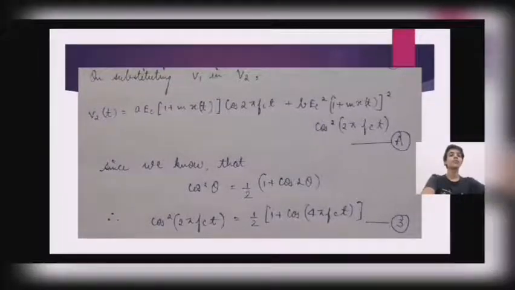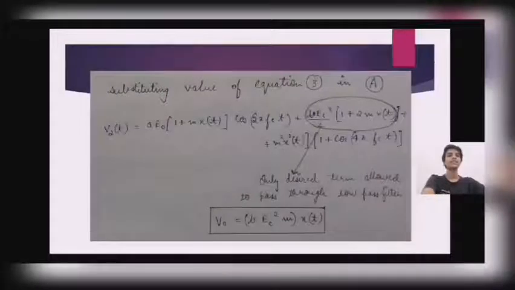Now we put the value of equation 3 in equation A and get this result. Here the term b Ec²/2 [1 + 2m x(t)] is the only desired term allowed to pass through the low pass filter. Therefore, our output V out is equal to b Ec² m x(t).